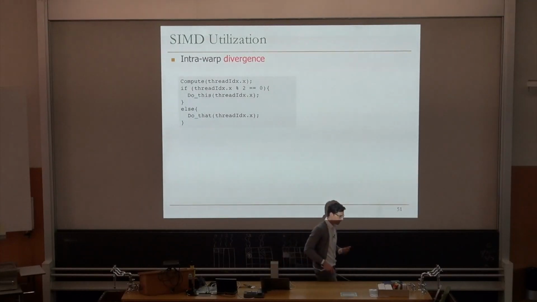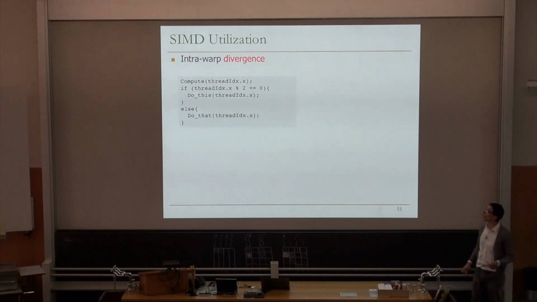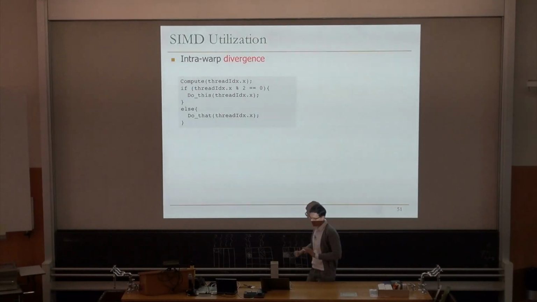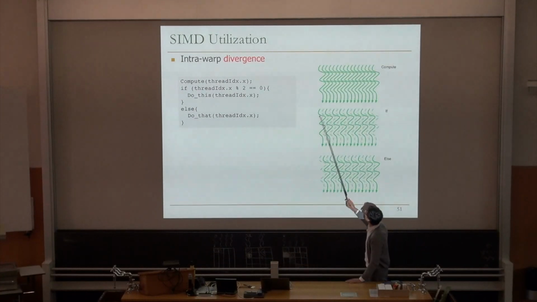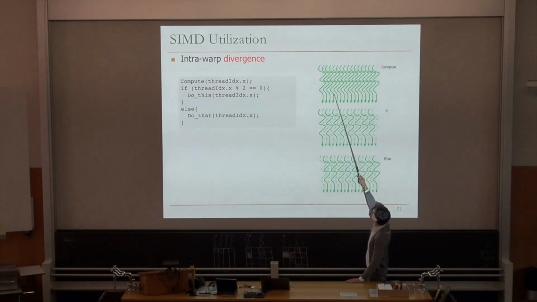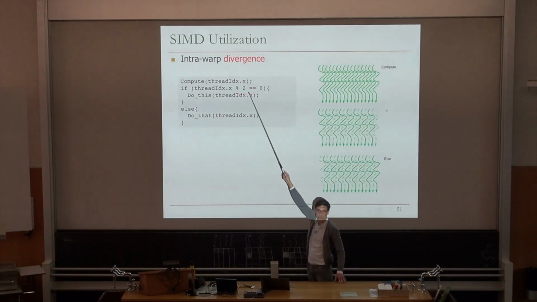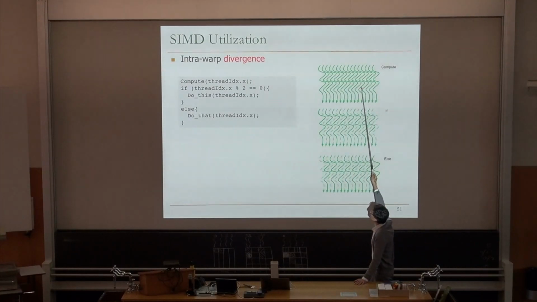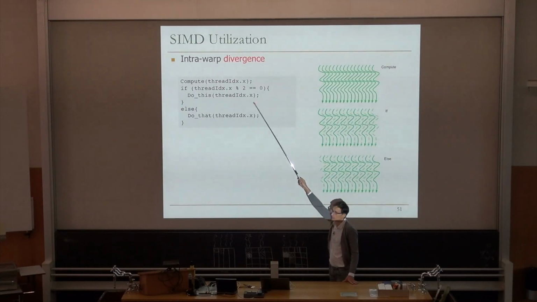And now we should try, as programmers, to write the code in a way that, as much as possible, we avoid this branch divergence or intra-warp divergence. So you have here some very simple code where we have some threads belonging to the same warp. This is one warp executing this compute function. All the threads are active, but then we reach this if-else statement.